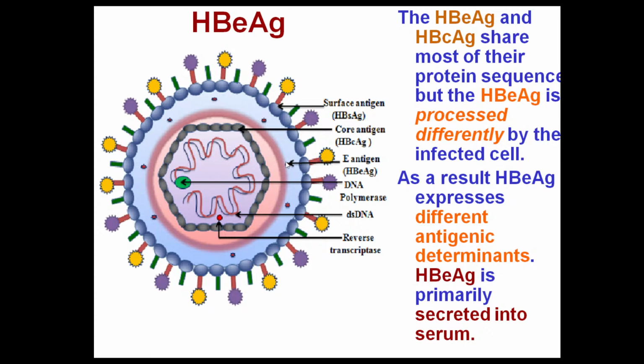It is produced inside the infected cell, and usually it is primarily secreted into the serum and can be found in the blood serum, and only very few copies can be found inside the infectious virion, while the hepatitis B core antigen is not secreted outside the infected cell, because this is a major capsid protein and is used to build up the nucleocapsid of the newly synthesized virions.